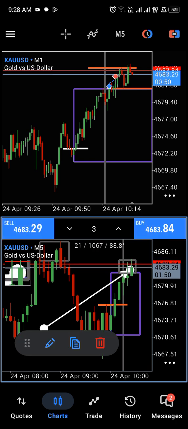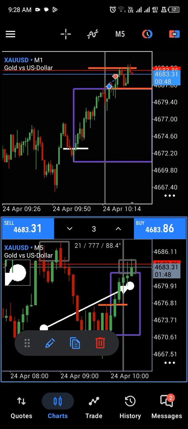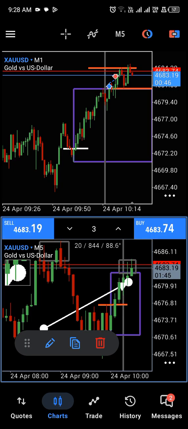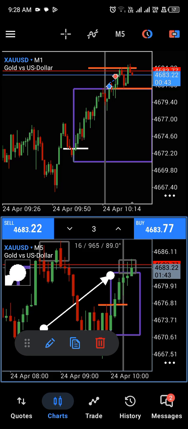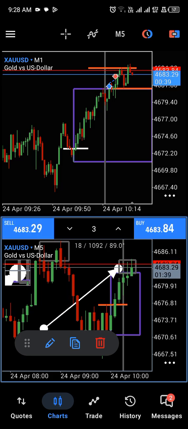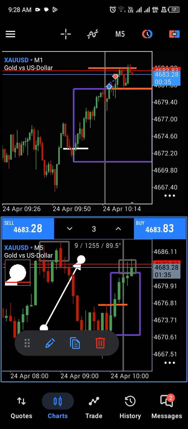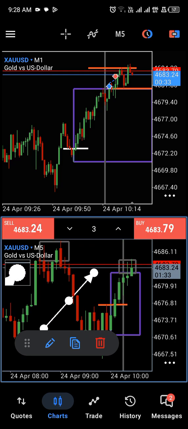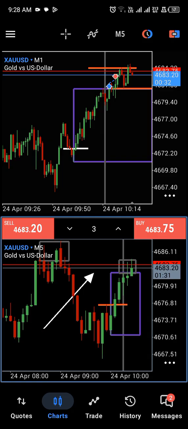If this candle can come close inside and close bearish with a red color, that would be very interesting to see. At this price, this is the man of the match for now. This area, this price, very interesting. But we will see, right? We will see.